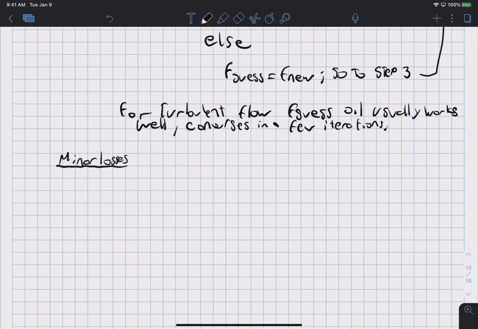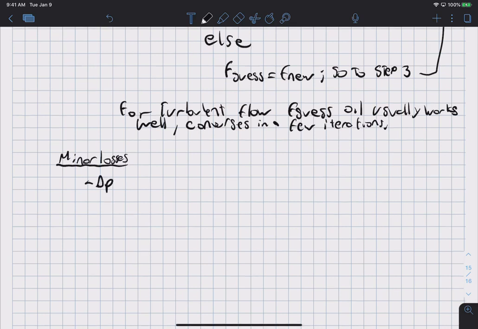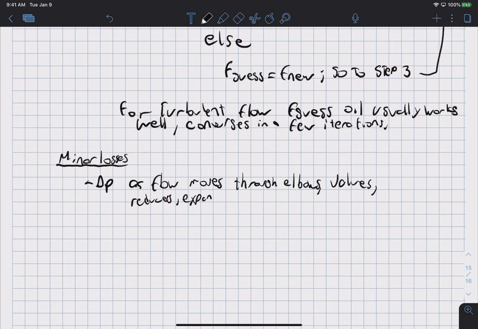This is a pressure drop as the flow moves through elbows, valves, reducers, expanders, etc.